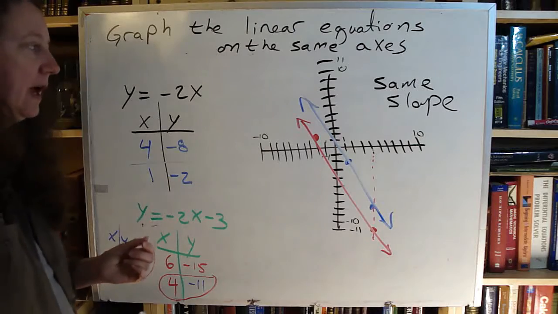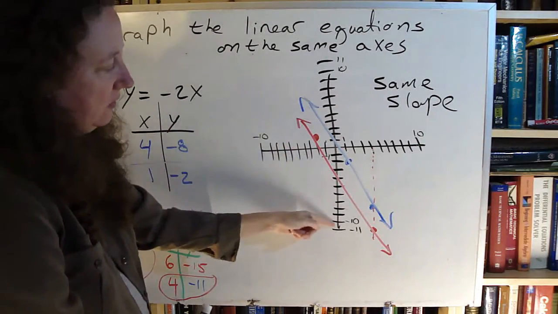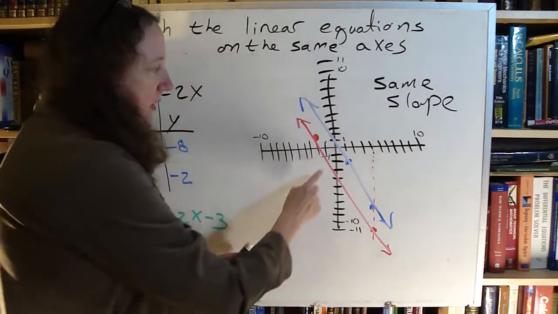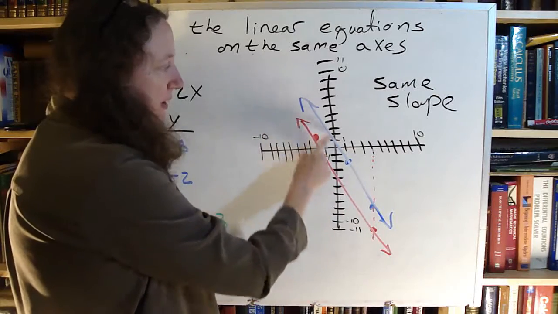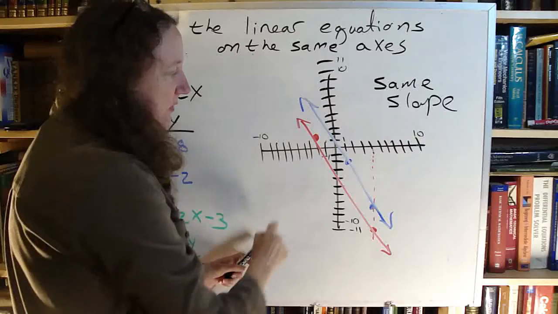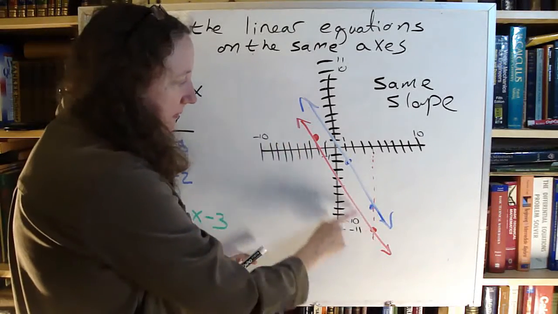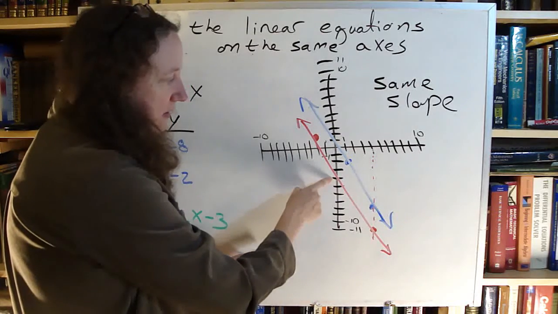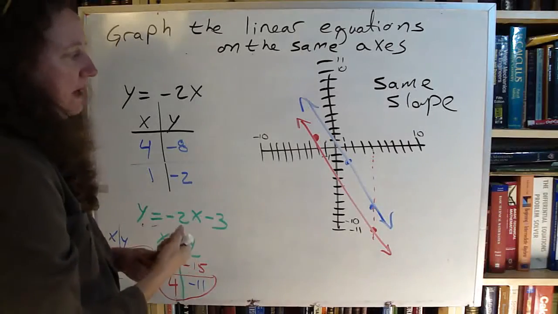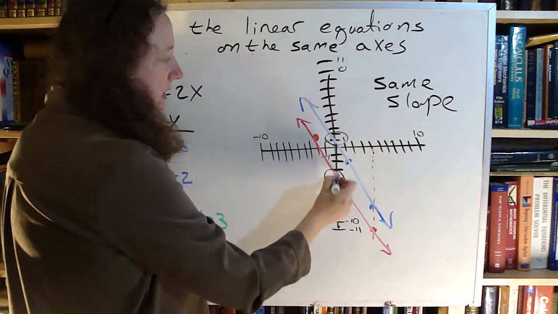Another thing that I have to look at with these, where do they cross the y-axis? This black line is my y-axis. My first equation is the blue one here. Crosses it there. My second equation is the red equation, the red line, and it crosses my axis there. So if I look at the distance here, from here down to here.